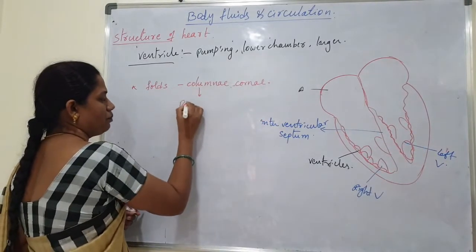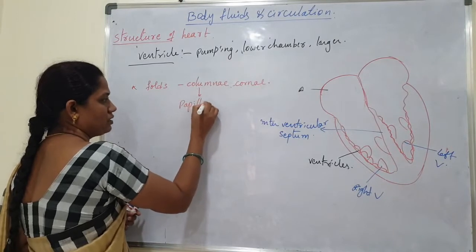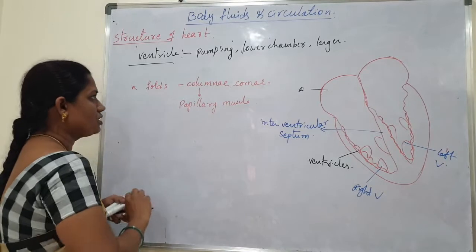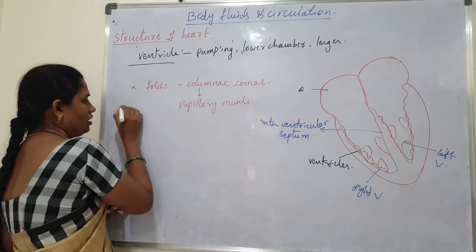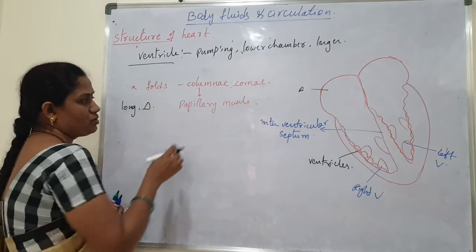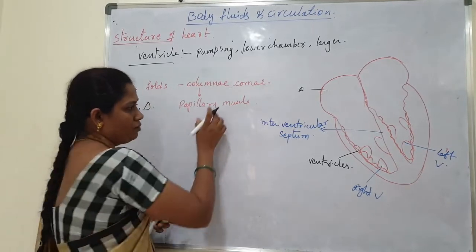These large ones are called papillary muscles. In the columnae carneae, some are long and triangular in shape, and these are the papillary muscles.